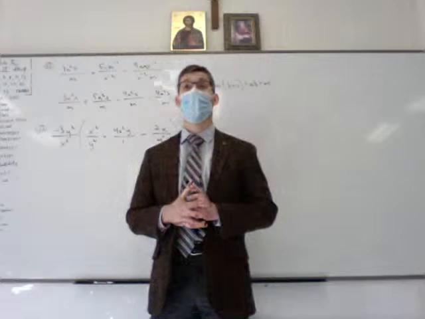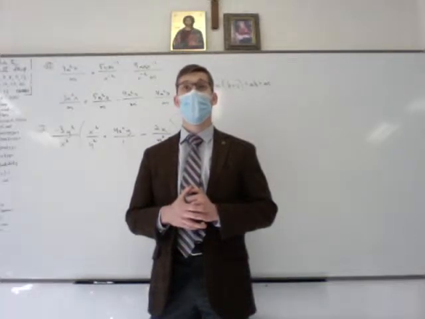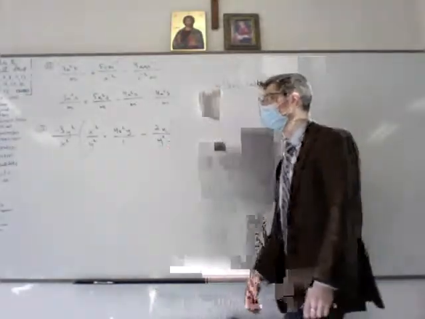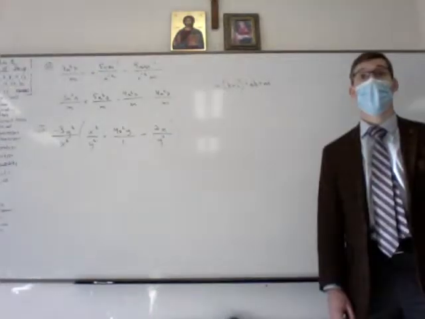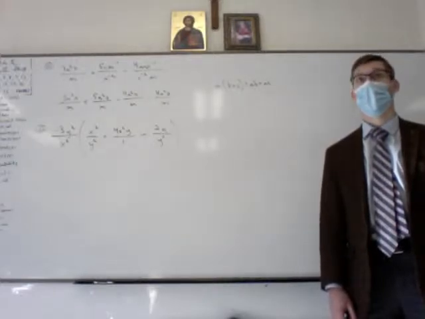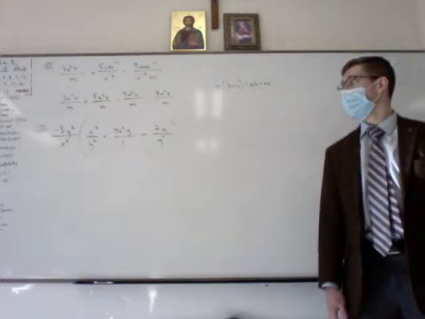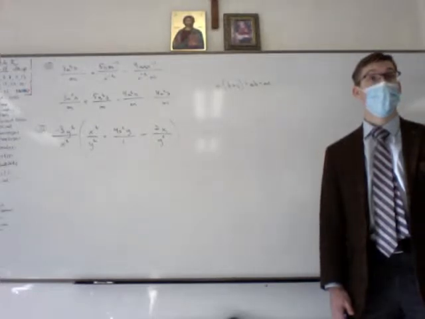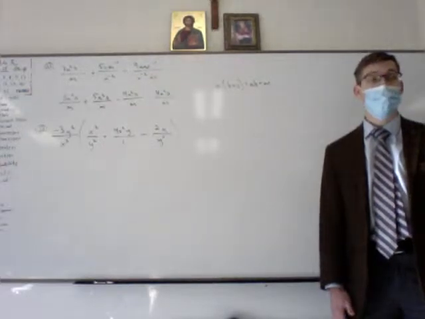Negative 3x squared y squared over the bottom, x squared y squared. Right? But what happens? You just multiplied it. So just negative 3 over 1? Right, it's just negative 3.